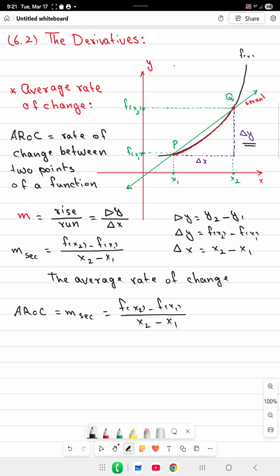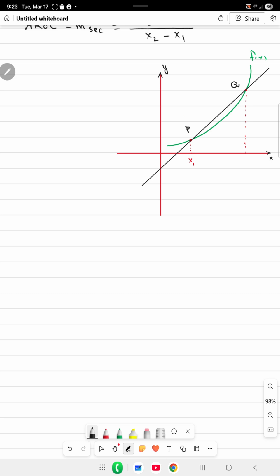The only thing that will be different here will be the notation. I'll give you that formula, and from there we do a few examples of the average rate. Now, in this graph, which is the same graph, again I have a function f of x, and I want to find the formula for the difference quotient.